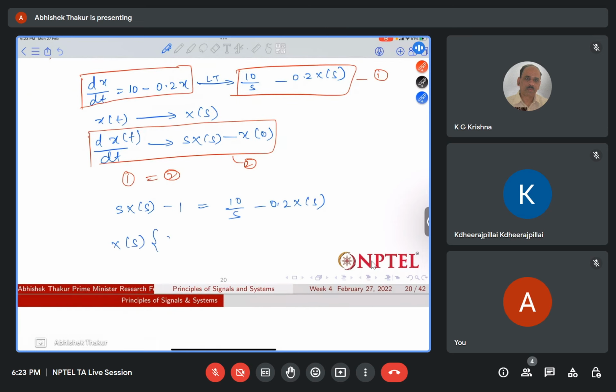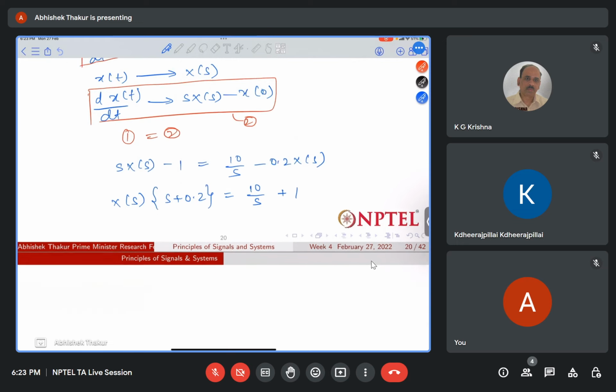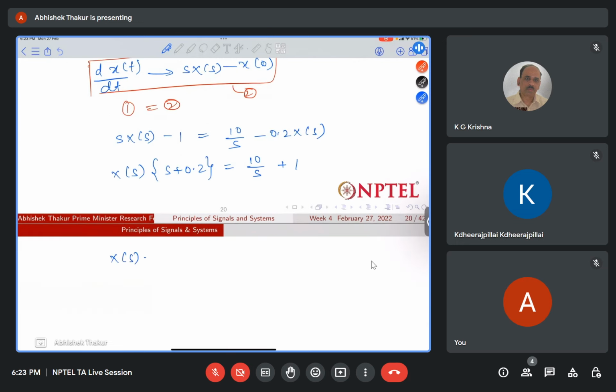So we will get X(s) times (s plus 0.2) equal to 10 by s plus 1. So our X(s) is equal to 10 by s(s plus 0.2) plus 1 by (s plus 0.2).